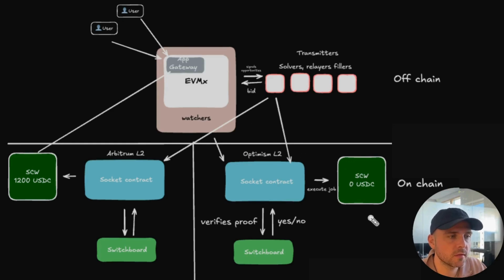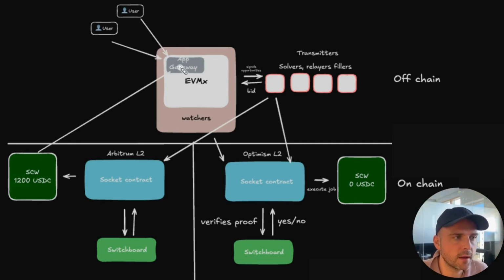Under normal circumstances, without all this resource locking chain abstracted mechanism by Magic Spend++, the user would have to somehow bridge $1,000 from Arbitrum to Optimism and then deposit on Aave. But within Magic Spend++ implemented on top of Socket, the user would request that deposit on Aave on Optimism. The app gateway would then check if the chain abstracted balance across various domains like Arbitrum and Optimism of that user is sufficient to service this 1,000 USDC deposit on Optimism Aave.